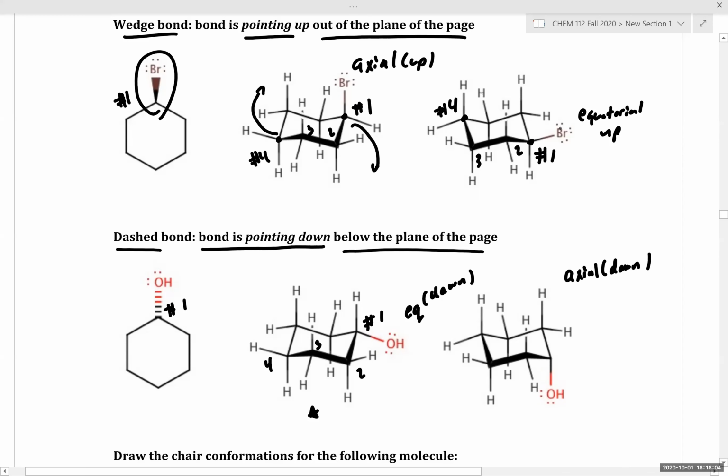So you need to respect that stereochemistry, even after a ring flip, and always respect the carbon numbering. Carbon 1 goes down, carbon 4 goes up. If you move your substituents around, you'll end up drawing mirror images, which are known as enantiomers, and you don't want to do that.